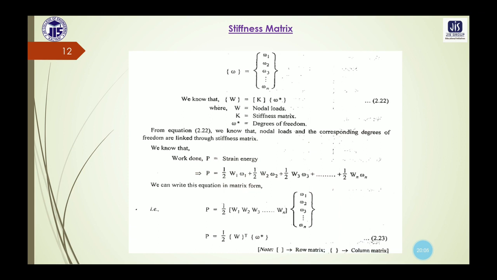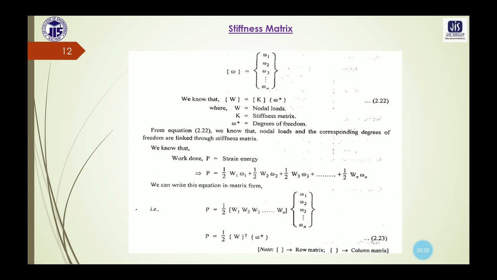Now this mathematical representation, W equals K into omega star, is actually known to us. It is the type of representation for the stiffness matrix which we discussed while covering the general steps of the finite element method in module 1.